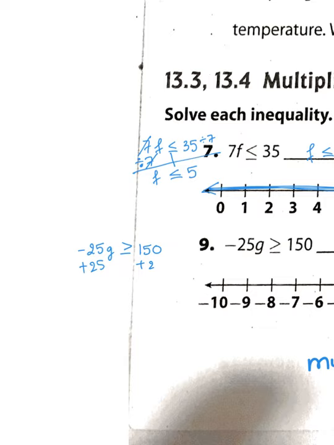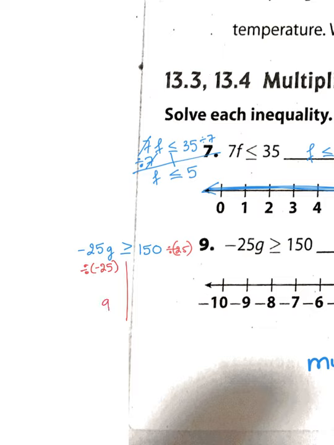I'm going to erase it just to be fast. Okay, so negative 25 times g, so I will divide by negative 25 on both sides. So negative 25 divided by negative 25 is positive g.